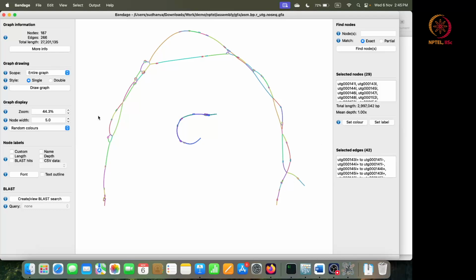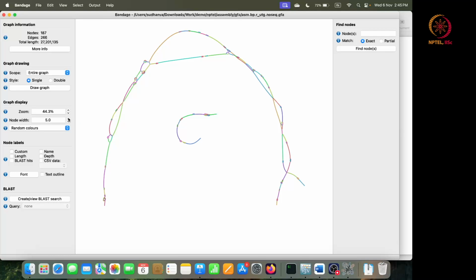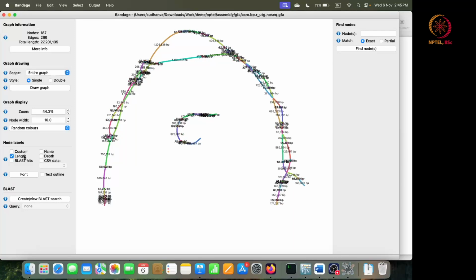If you want to increase the width of the nodes, you can increase it over here in graph display, and you can choose specific colors based on different options provided by Bandage. You can give lengths to the node labels. However, you can see that this is a bit of a clutter in a graph that is this big.